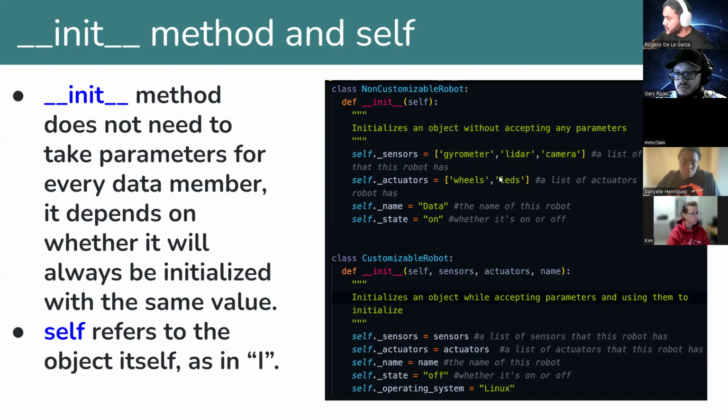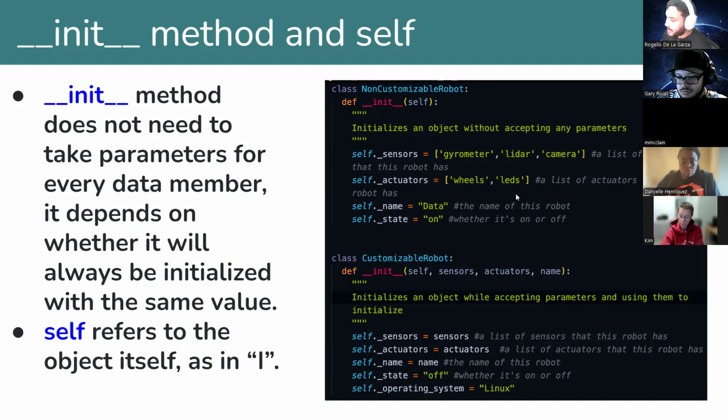The actuators are wheels and LEDs. The name is data, and the state is on. Immediately, the robot starts off in a state where it's already on. You're not able to pass anything into the init method to change it. These are the default settings.